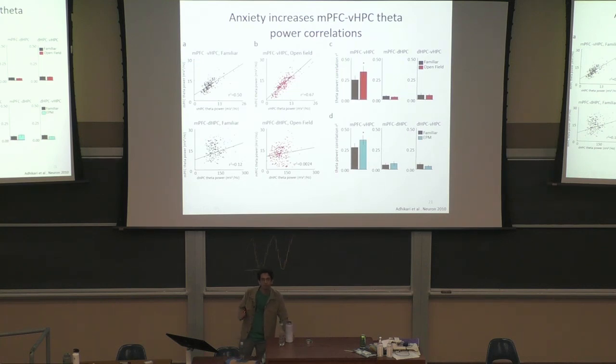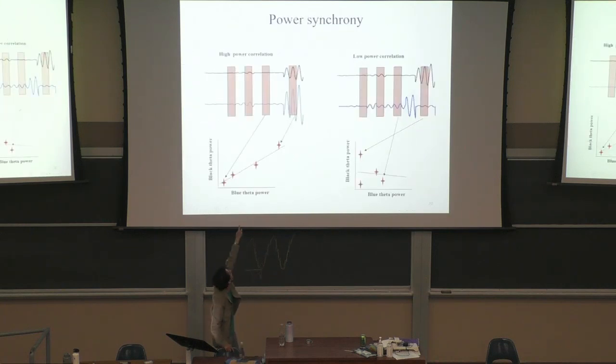No, the power correlation doesn't involve measuring firing. It measures just the oscillation. If the oscillation in one region is big simultaneously to the other region also being big, and they fluctuate together, if the oscillation size co-varies across regions, then this power synchrony will be big. So it's like in this example here.